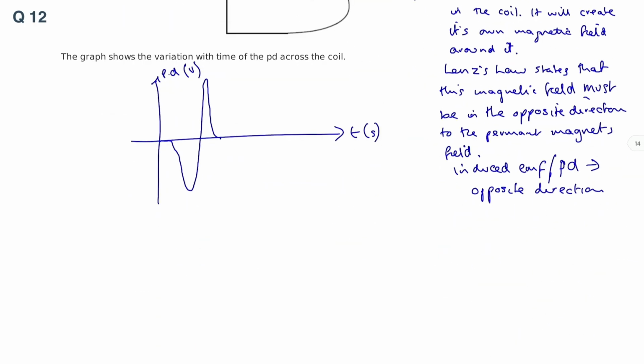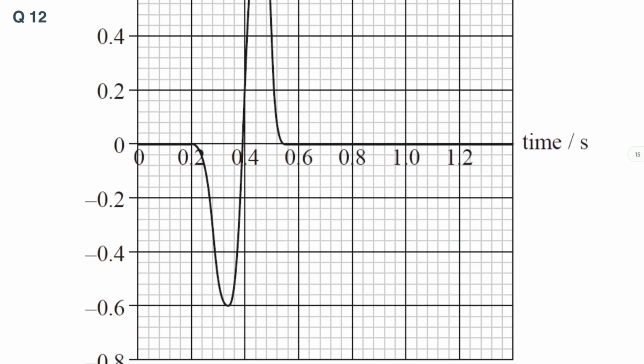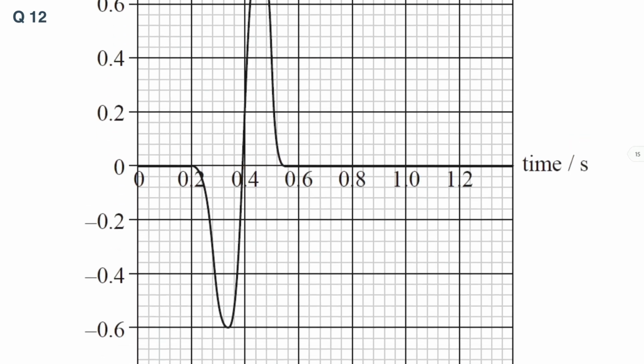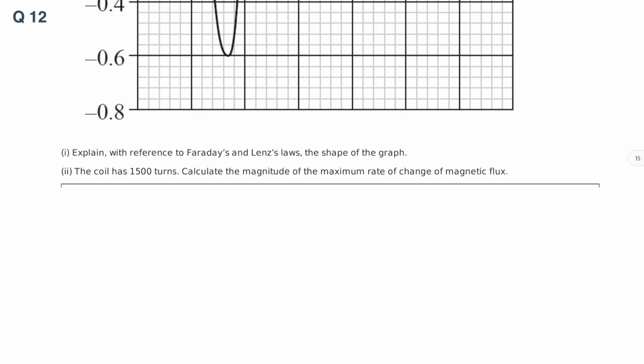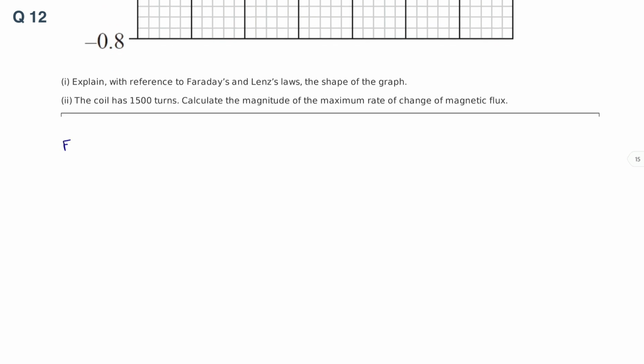Let's see if we're right. Oh, there we go. Explain why, with reference to Faraday's law and Lenz's law, the graph has this shape. Let's go to Faraday's law first. We've actually already done this. Faraday's law: the magnet accelerates.